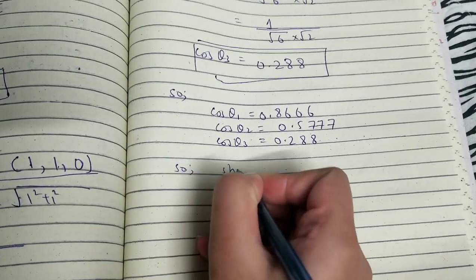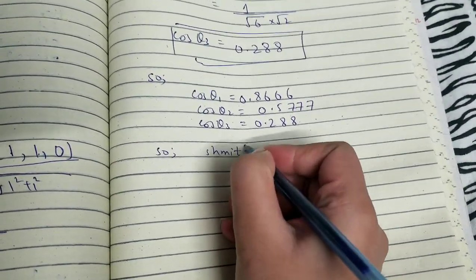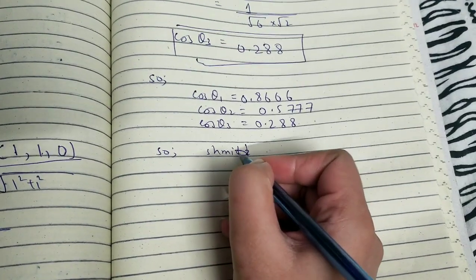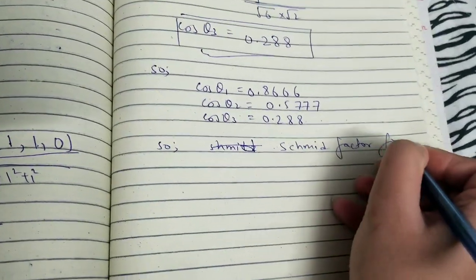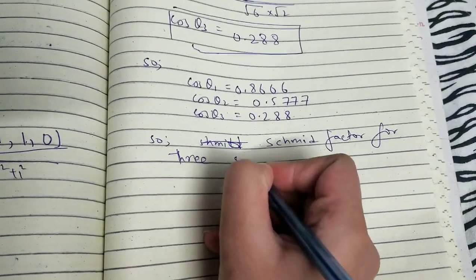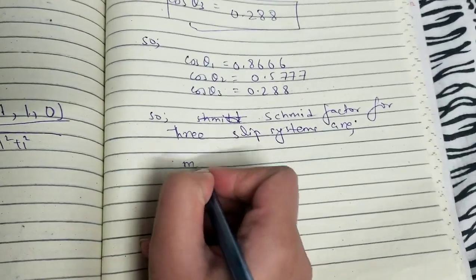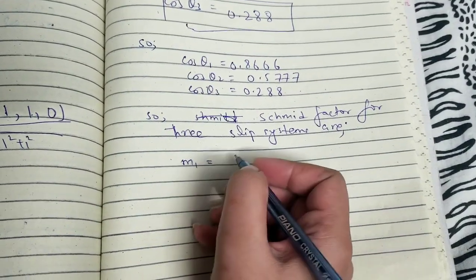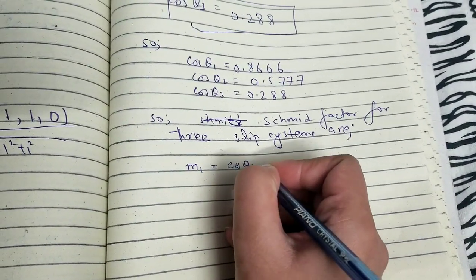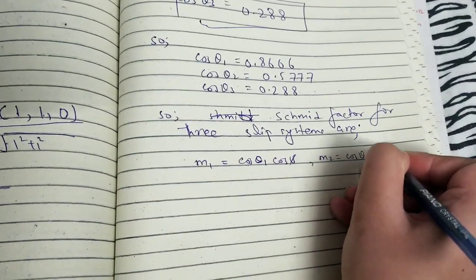So now we are going to find out the Schmidt factor for the three slip systems. m1 equals cos theta 1 cos phi, and m2 would be equal to cos theta 2 cos phi.